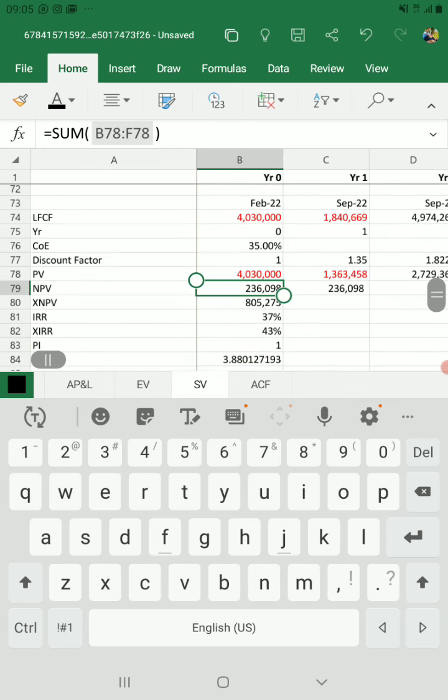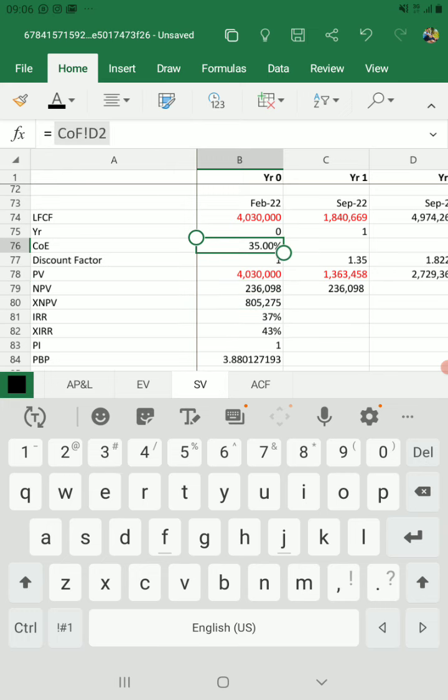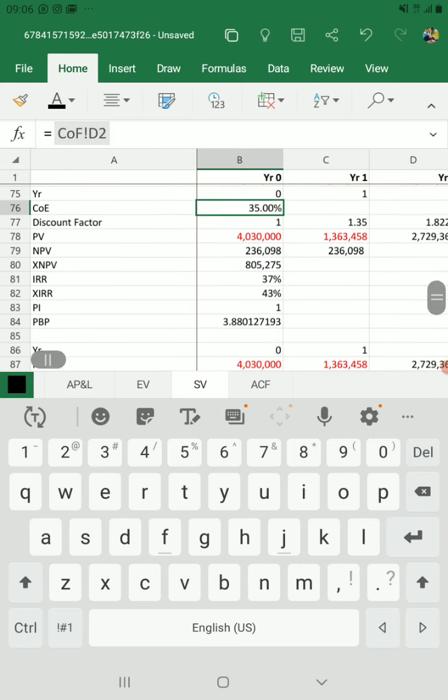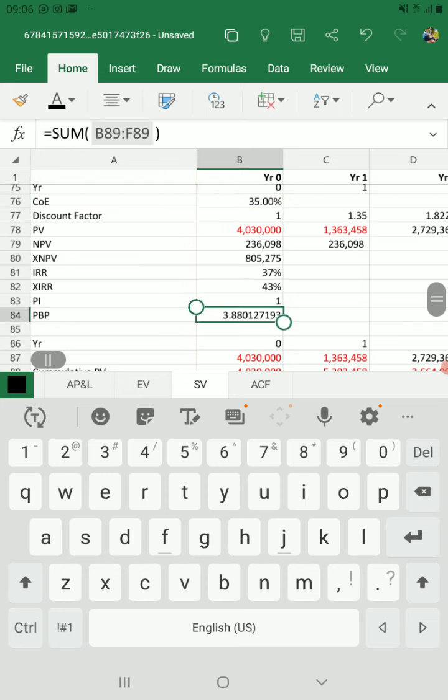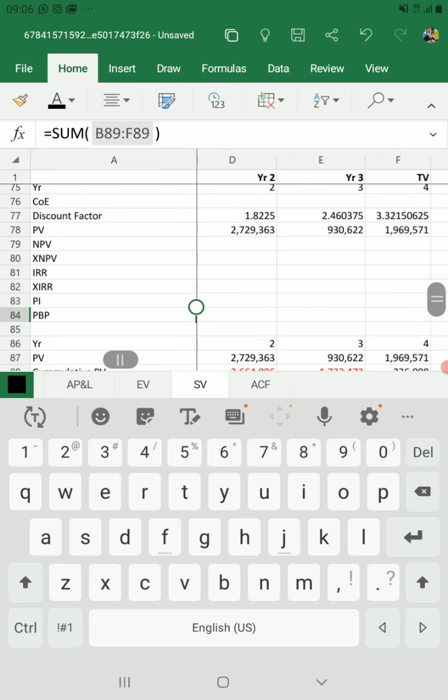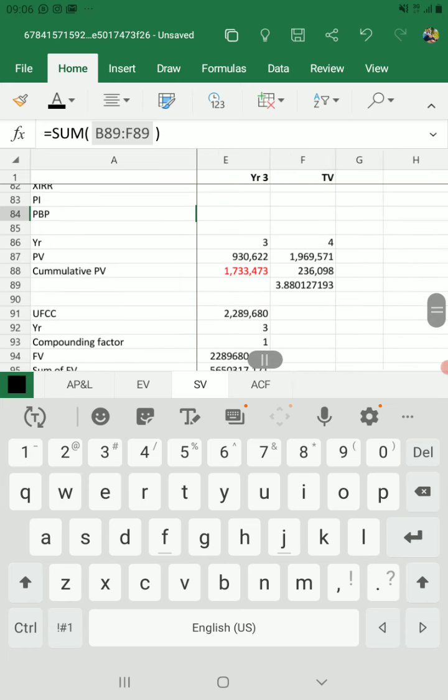NPV, though this one is so much trimmed down, NPV is 236 only, IRR 37 out of 35. This is so much trimmed down. Even the payback period now turns out to be after 3 years, that is beyond our explicit projection period, in the terminal value here.